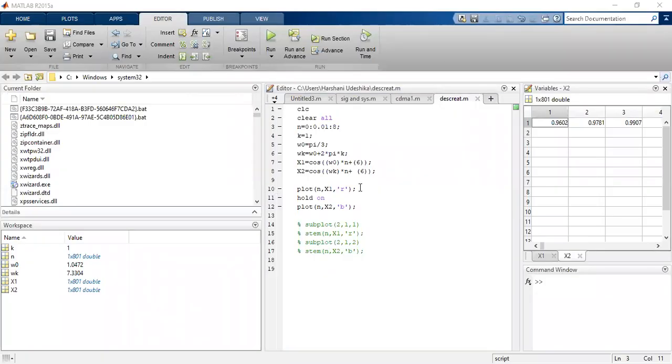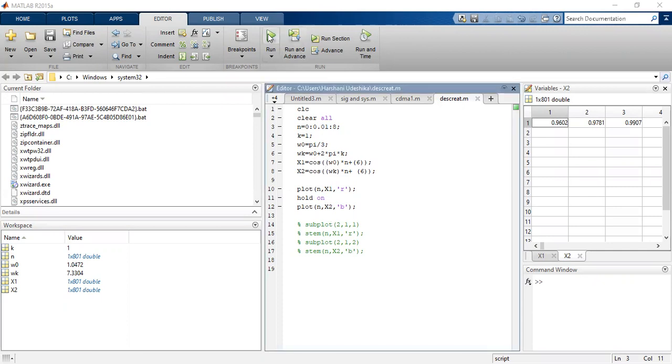So you can see what happened. Here we have put the phase shift now.